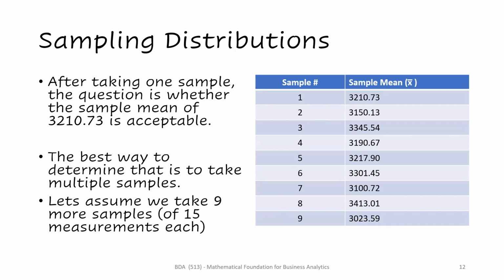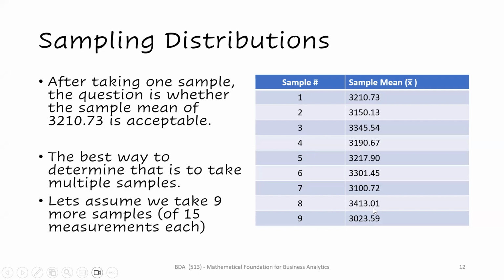We do another one, and it gives us another mean of 3,150. We can do a third sample, also consisting of 15. So these 9 samples each consist of 15 measurements, with their own sample sizes.